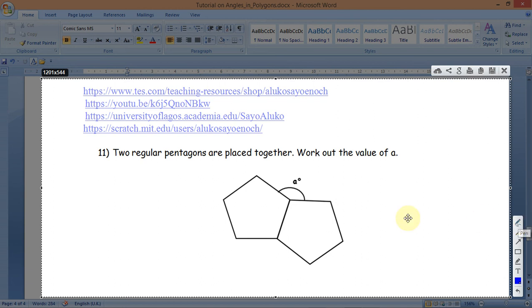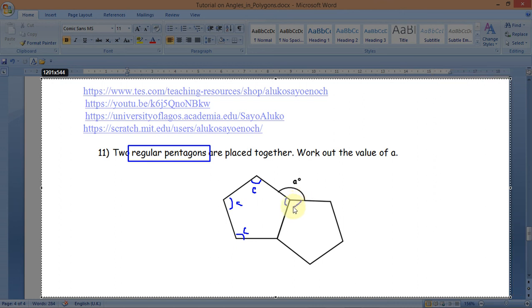Since this is a regular polygon, by implication each angle is the same. So if this were C, then the remaining angles will also be C, and the same applies to this one here. So everything there is C.